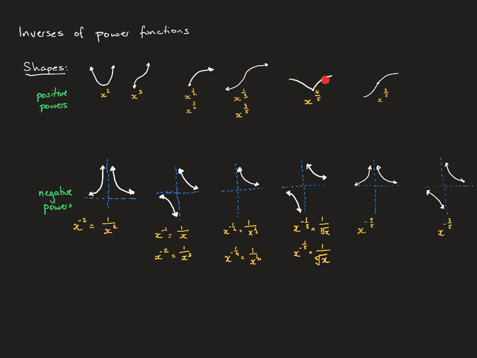We have this funny bird-shaped graph, which we get from having a fractional power where the denominator is odd, but the numerator is even, which means that for this one we're going to find the fifth root of x, and then raise that, whatever it is, to the power of 4. So all of our answers will be positive, and hence this bird shape.